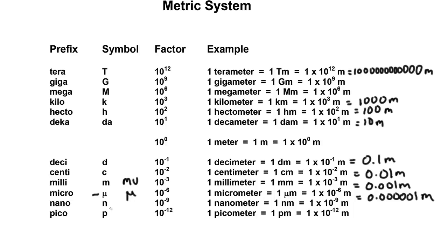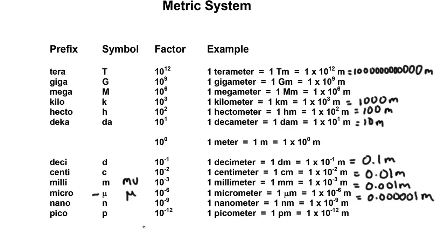Okay? So you might say, well, this is great, but I know that there's 3 feet in a yard and 12 inches in a foot, and I don't understand this meter stuff. Well, those conversions will come, but first let's look at how this chart can help you.